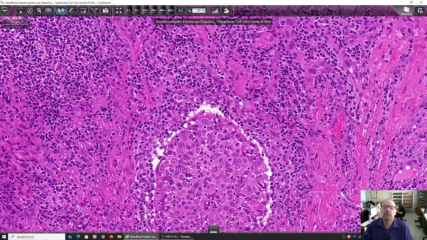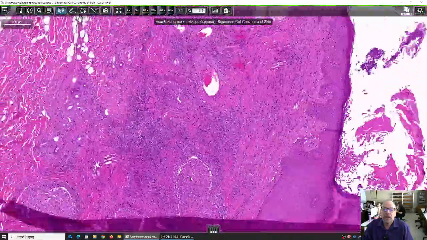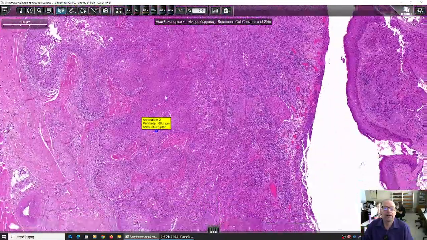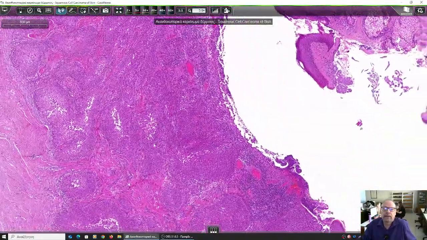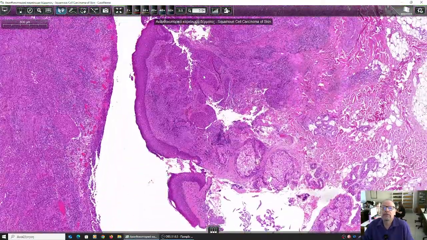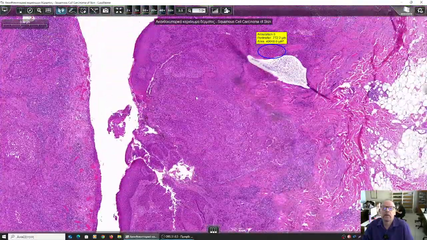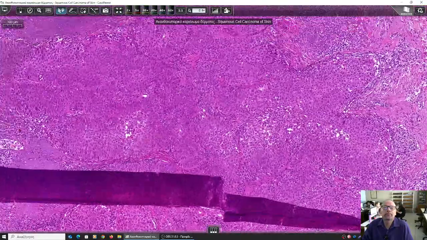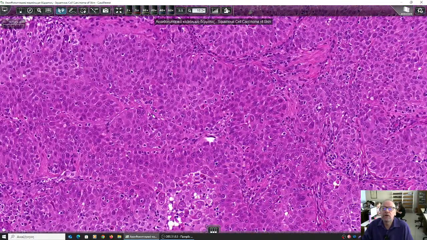And here is the immune reaction against the invasive cells. And despite there not being pearl keratin formation, that means evident keratinization, we managed to see that these cells derive from squamous cells.